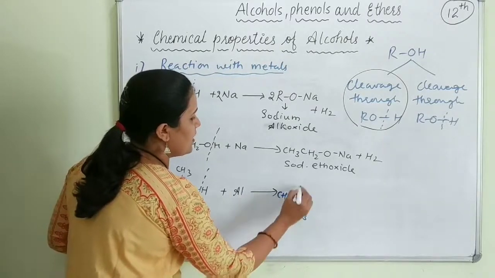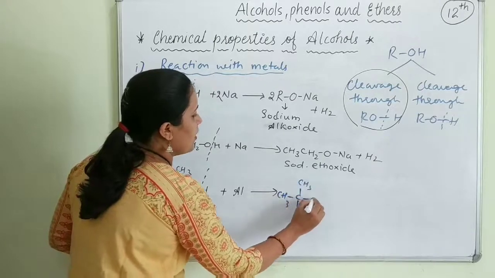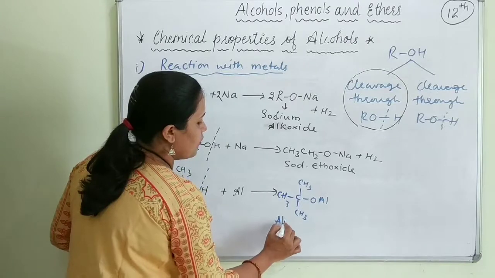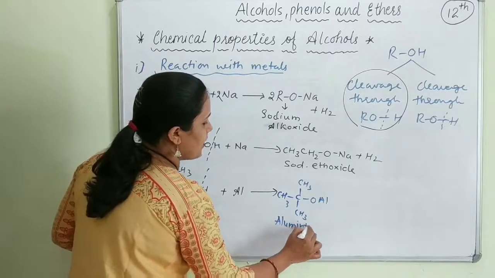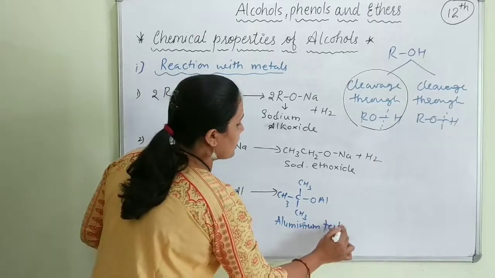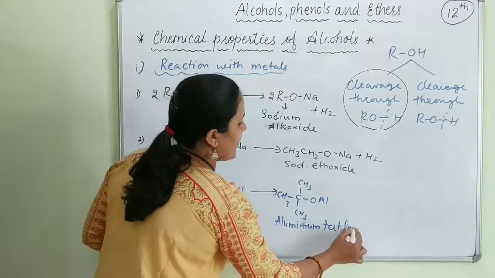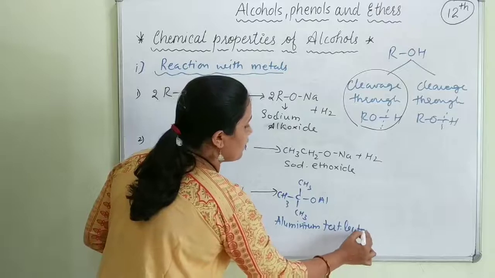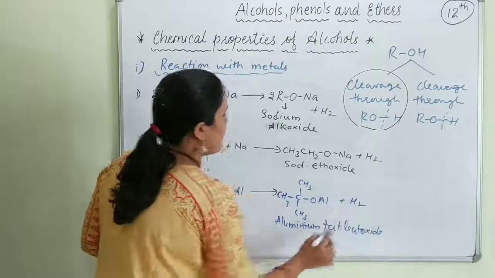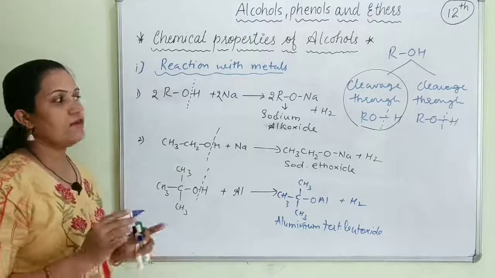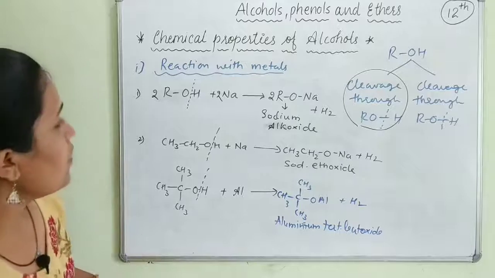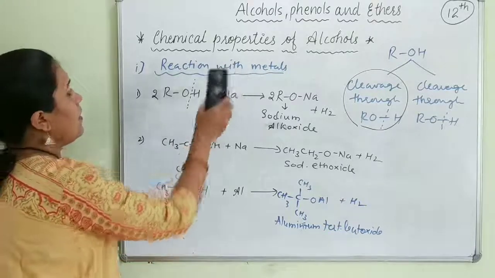Only in place of that H we need to write Al, and the name of this compound would be aluminium tertiary butoxide. Aluminium tertiary butoxide. So students, as I also told you earlier, these common names are very, very important. Okay.